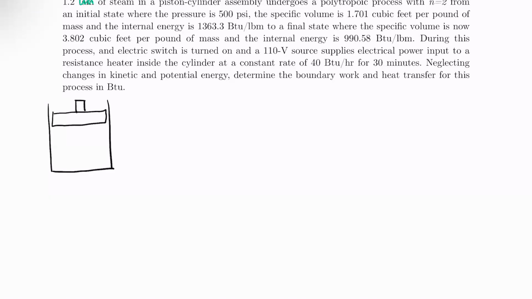All right. And we have a heating element in here, which I will draw like this. And then this cylinder is filled with steam. So we have water in here, essentially.